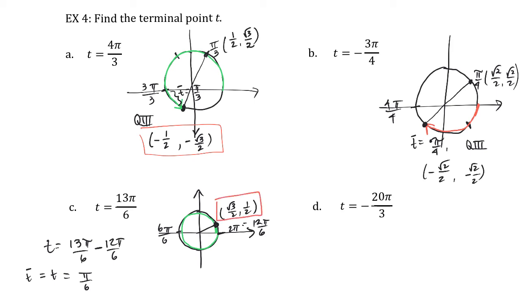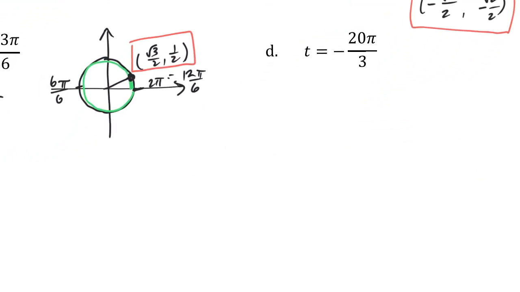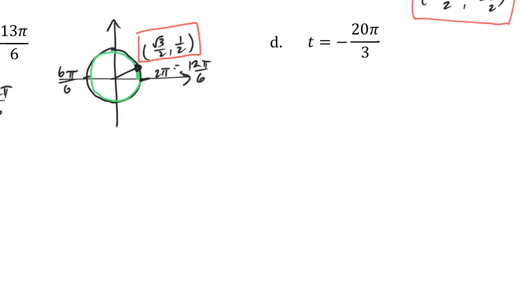Okay, and I'm going to make this next one a little bit bigger. Okay, so here I'm going in the negative direction. I'm going clockwise. Okay, and I'm counting in thirds. This would be pi, which is 3 pi over 3. This would be 6 pi over 3.